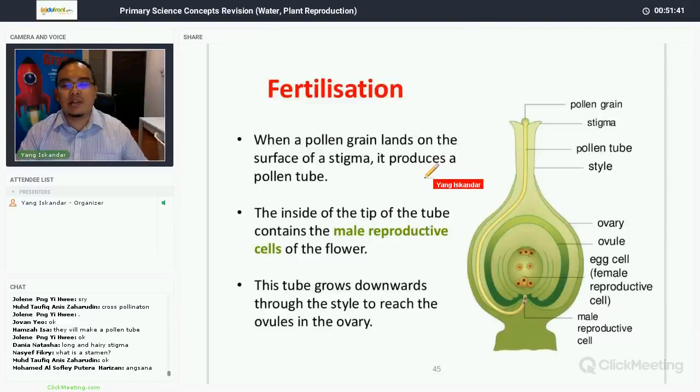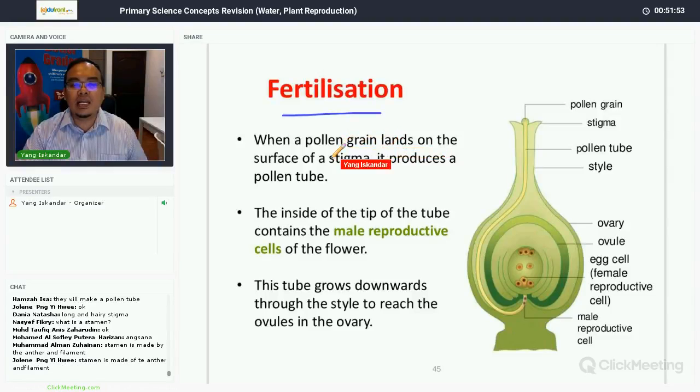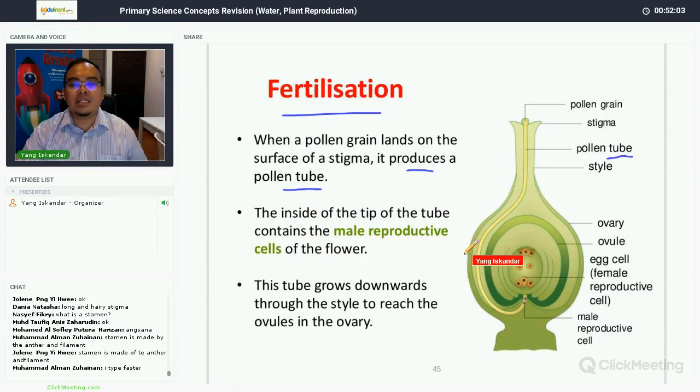Now, the next process that we need to know is the process of fertilization. After pollination, the next process is fertilization. So what happens to the pollen grain when it reaches the stigma? When the pollen grain lands on the surface of the stigma, it produces a pollen tube. The inside of the tip of the tube contains the male reproductive cells of the flower.